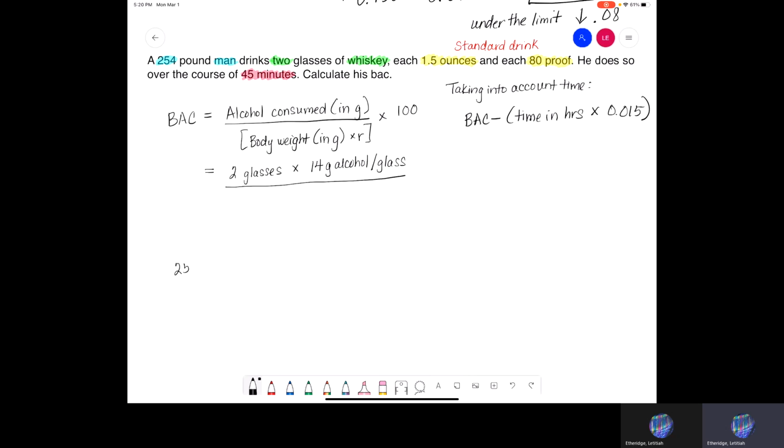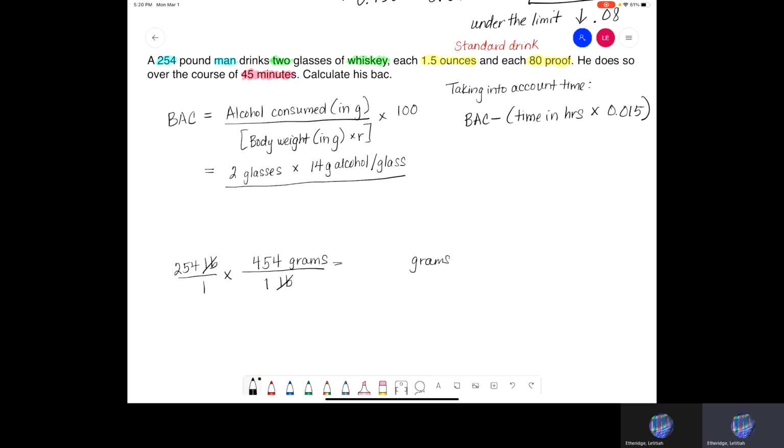So take 254 pounds. There are 454 grams in 1 pound. Leaves you with total grams.